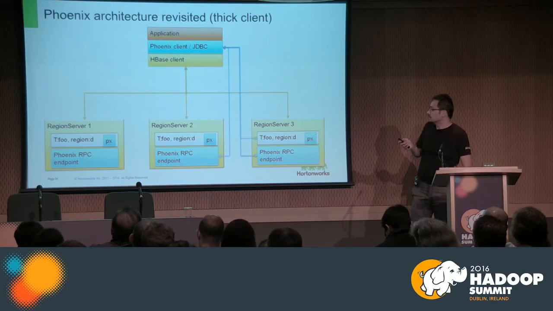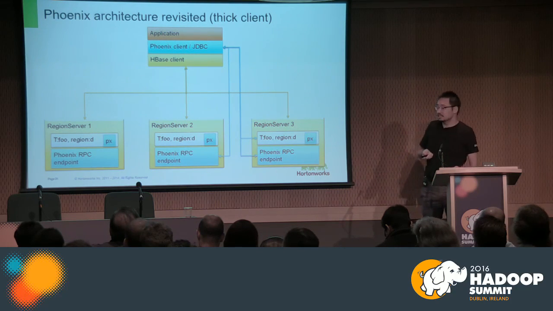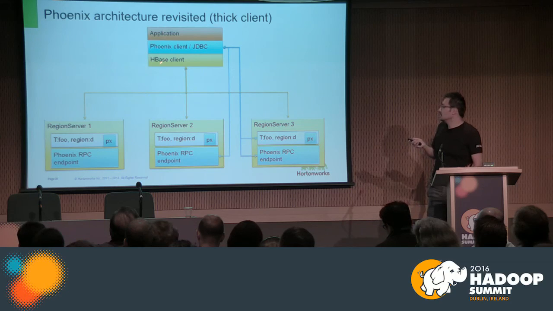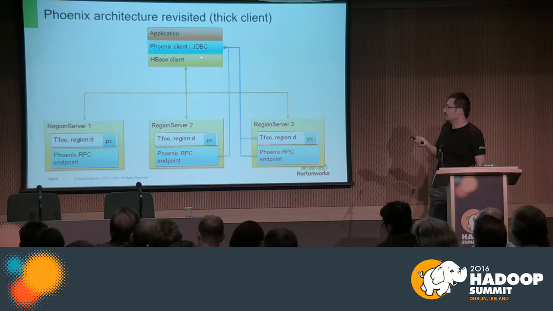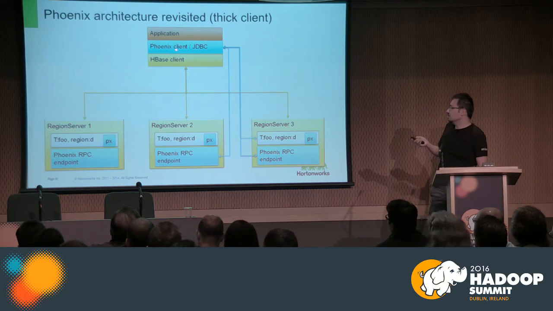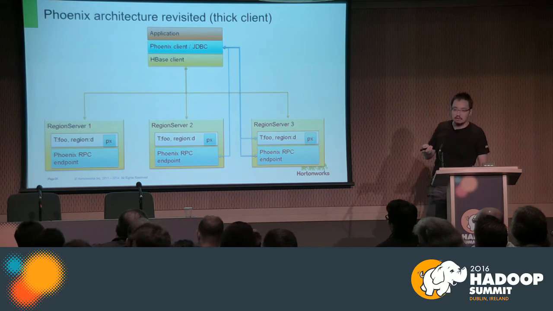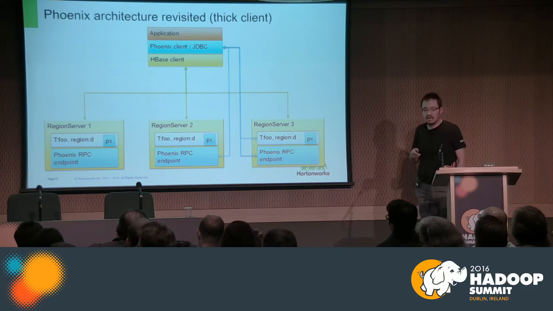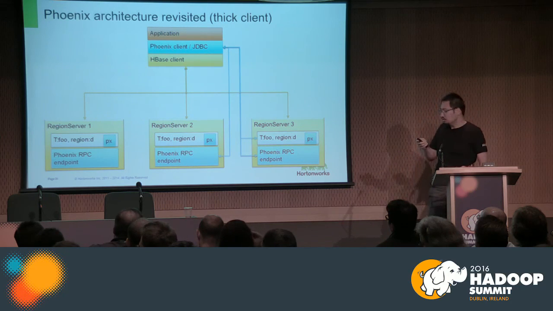So this is the standard Phoenix architecture that we talked about. There's the application, there's the Phoenix client, JDBC, and the HBase client talking to the region servers, right? In terms of execution, the Phoenix client can do sort merge joins and other executions that may be costly, and you may not want that to execute in your client-side code.